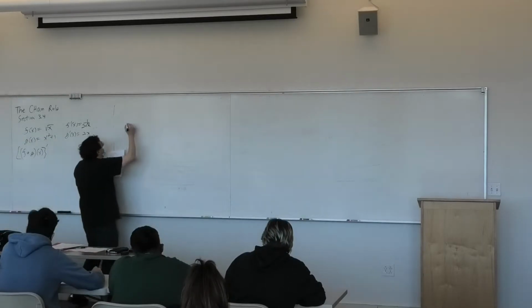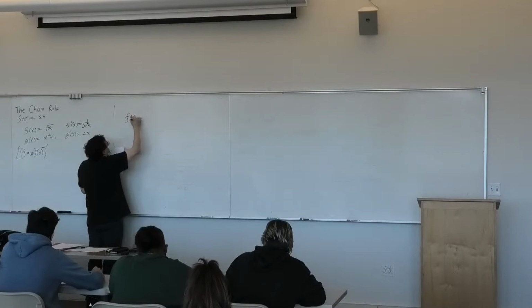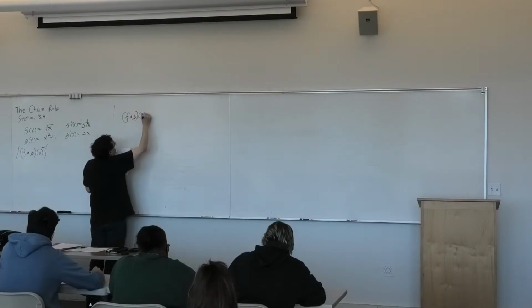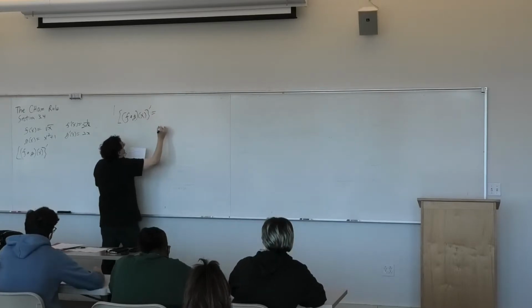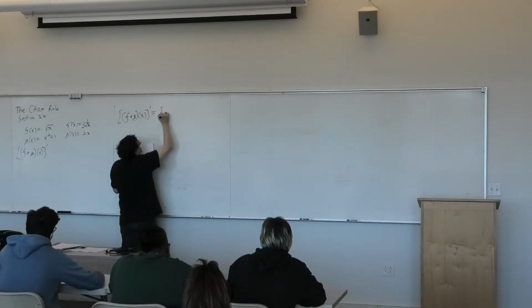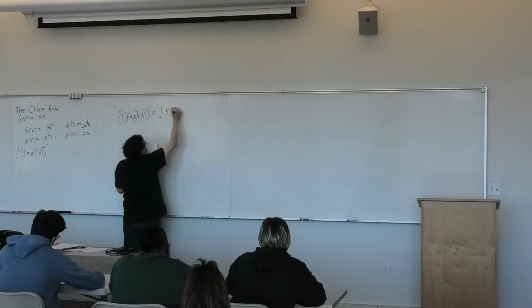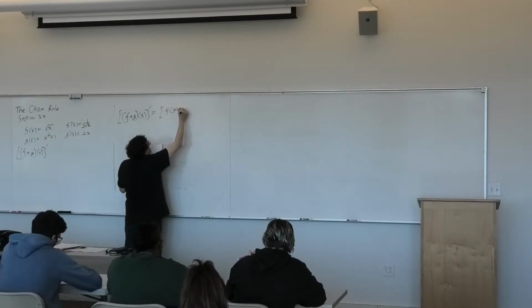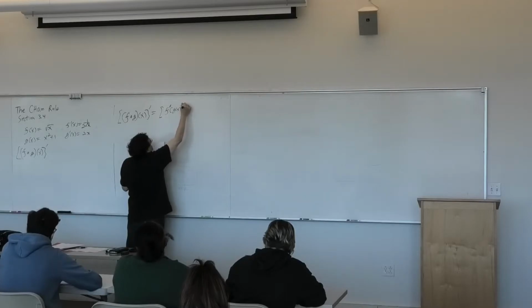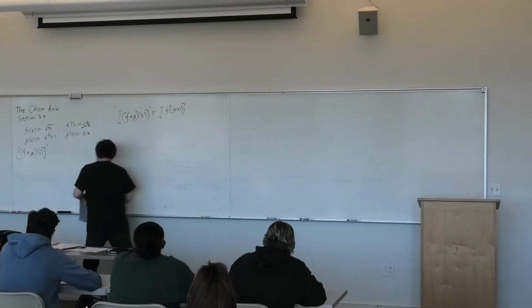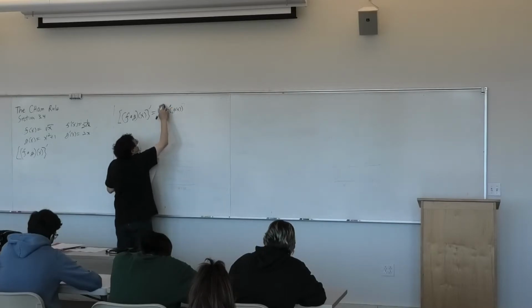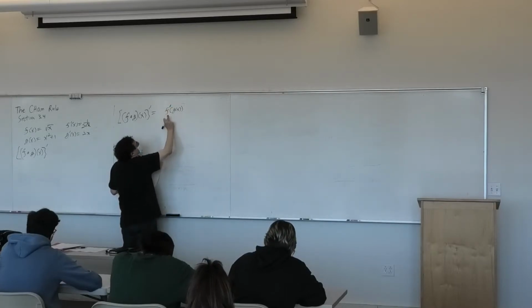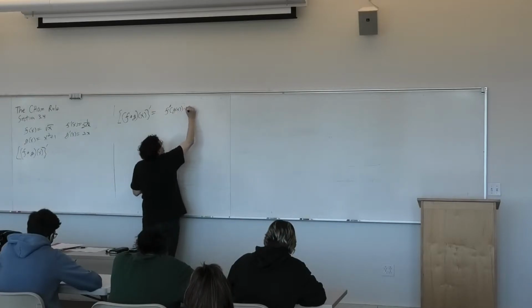The chain rule says that the derivative of f of g of x is the derivative of f at g of x times the derivative of g of x.